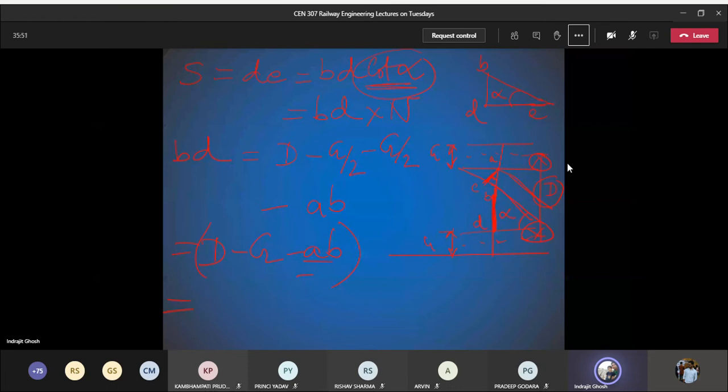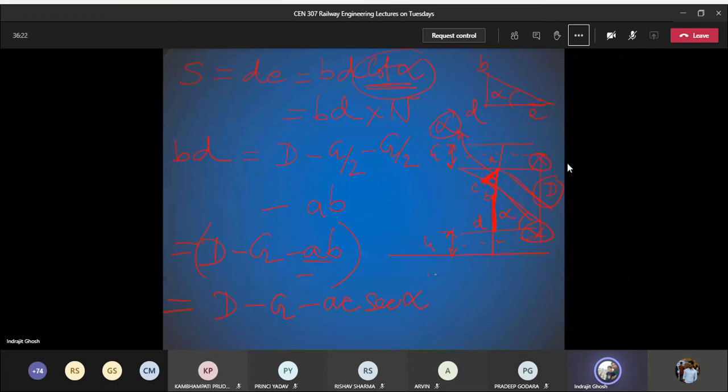So what can we say about AB? From this triangle ACB, AB is AC sec alpha, so BD is D minus G minus AC sec alpha.